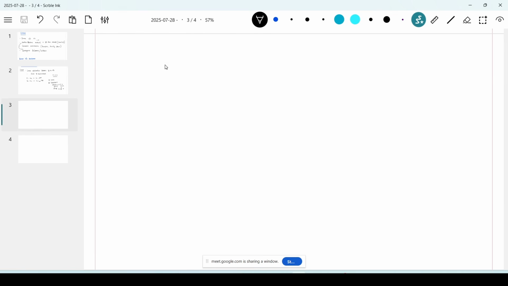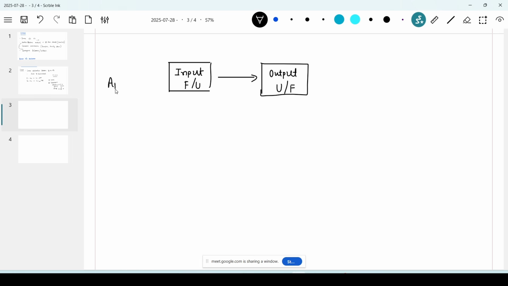So for FEA, I have this input, maybe force or displacement, and this is output. So displacement or force, okay, F is applied force, applied load.